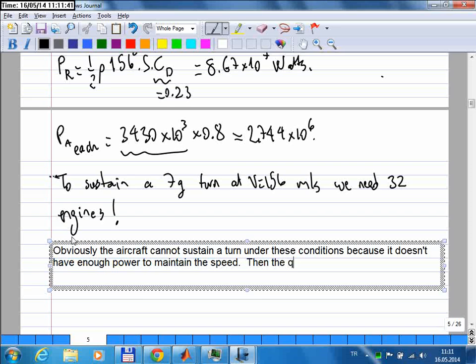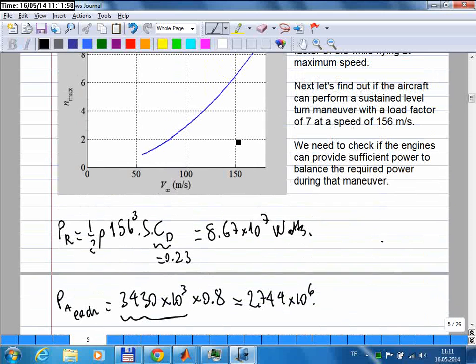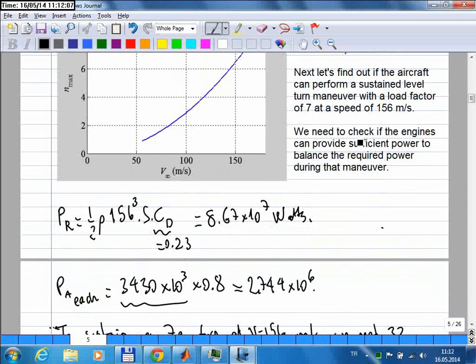Then the question is, what is the maximum load factor? So obviously if you are flying at 156 meters per second, you cannot sustain a turn at the maximum load factor. Then what is the maximum you can achieve?